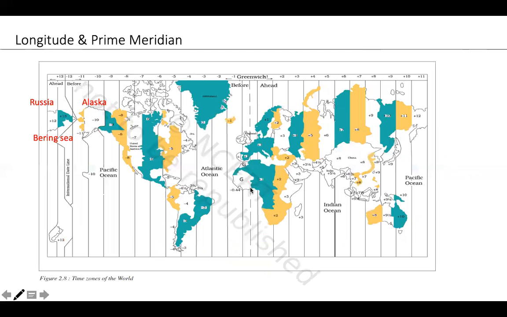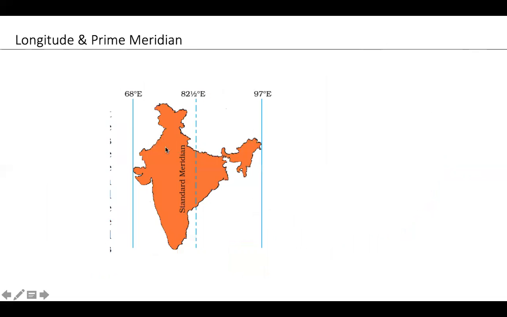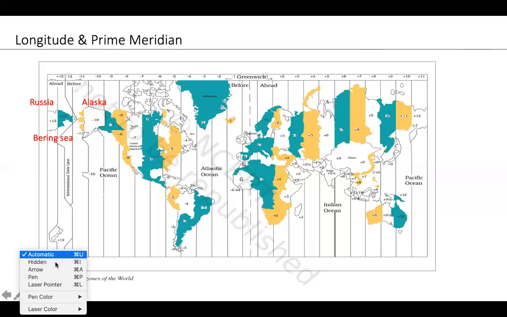So if we take the map, okay, this is Greenwich. They have taken this one. This line is the Greenwich line. Here they have considered this one.